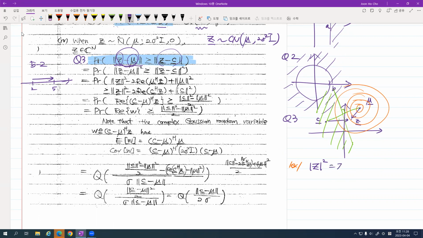That is z times z conjugate. Now suppose you have vector z and you want to compute the two-norm squared. That is z Hermitian transpose z.